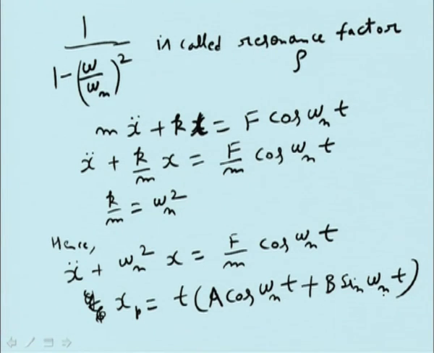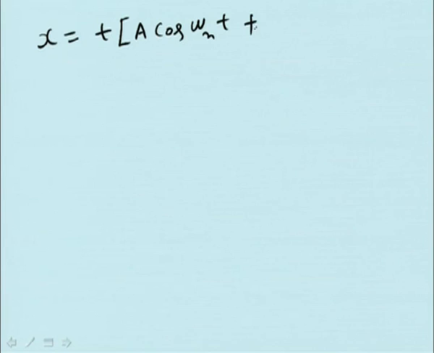Now we can have cases. Let us see what happens when x is equal to 0 at time t is equal to 0 and x dot is also 0. That means displacement and velocity, both components, are 0. So let us write the solution again: x is equal to t times (A cos omega n t plus B sin omega n t).